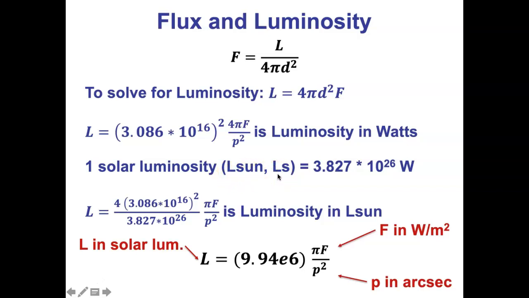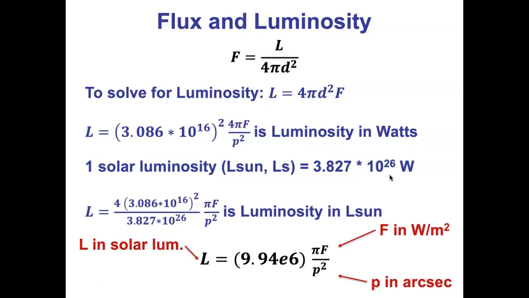The homework sometimes just symbolizes it L sub s, so I'll give you both of those. 1 solar luminosity is 3.8 times 10 to the 26th watts. So that's a big unit. Why don't we just talk about luminosity in solar luminosities? That would make the numbers much more reasonable. Measuring luminosity in watts, we're going to be juggling these giant numbers in scientific notation. So let's not do that.